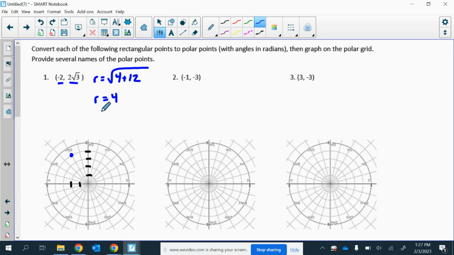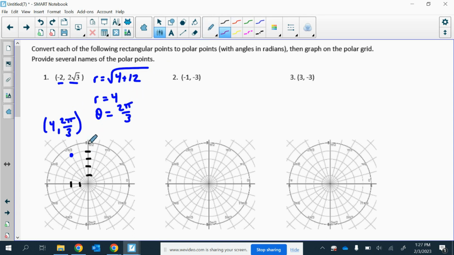And then that means that my theta, I could do arctangent of 2 root 3 over negative 2, which gives me arctangent of negative root 3. Remember that I have to add pi, but I should also know that that is just 2 pi thirds if I know my unit circle. So I end up with 4, 2 pi thirds.